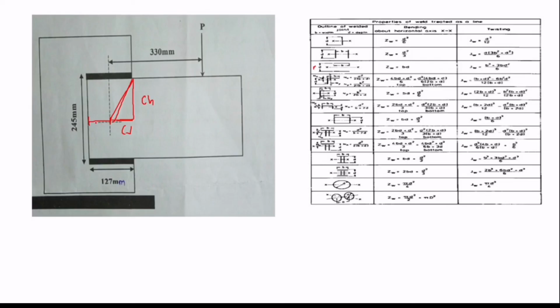So you take 127 divided by 2, which gives you 63.5. So this distance will be 63.5, and here will be 63.5. And with this other distance, you're just going to divide it by 2, so 245 divided by 2, which gives you 122.5.